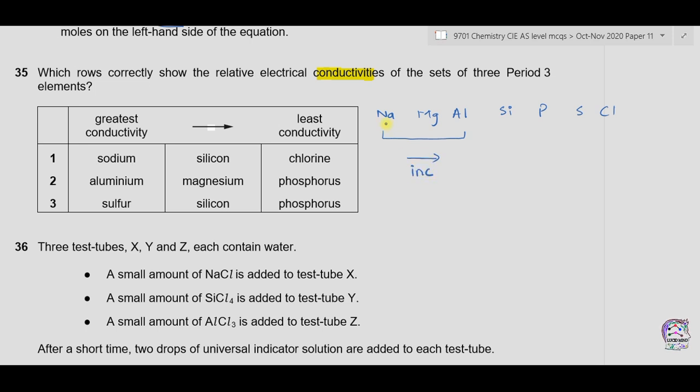This is because sodium can lose just 1 electron, magnesium can lose 2 electrons and aluminum can lose 3 electrons. So increasing the number of electrons also increases the conductivity. Silicon is a semiconductor. So its conductivity is less than these metals, while phosphorus, sulfur and chlorine are insulators.